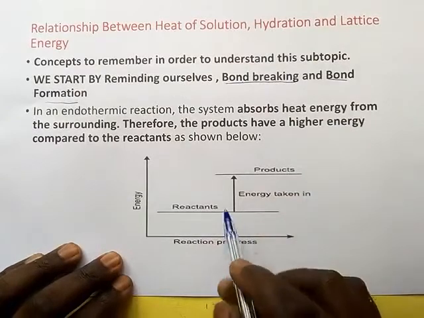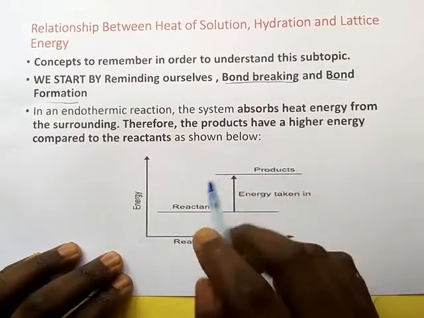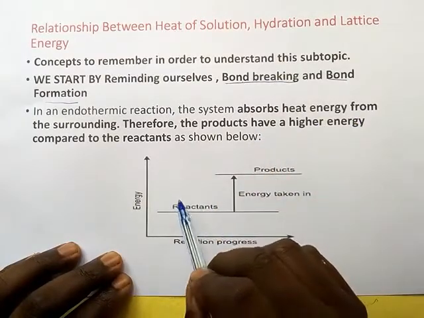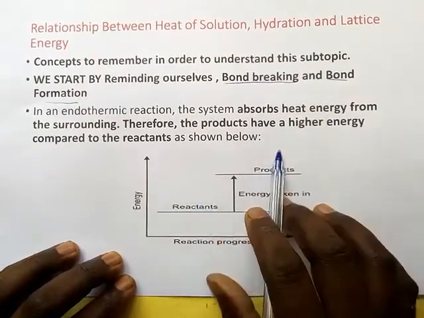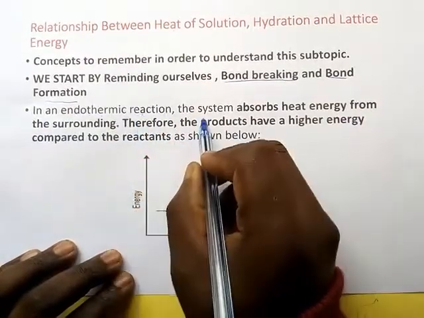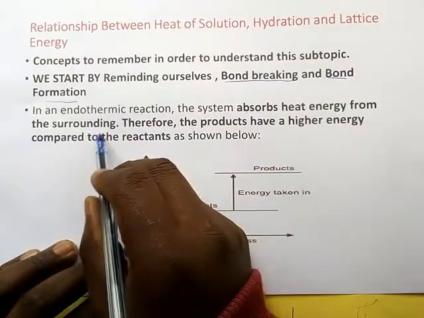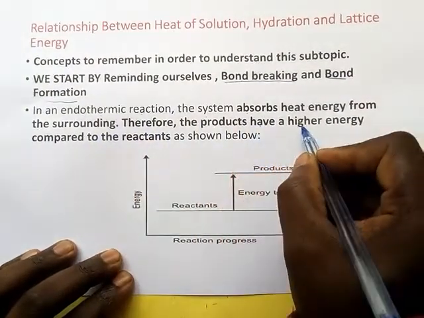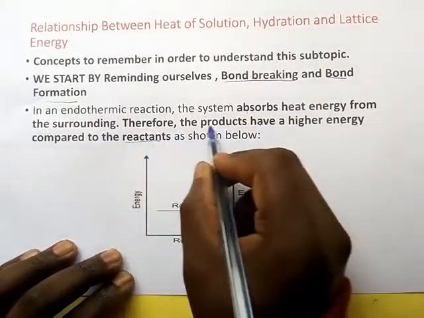The next one is the energy levels. What does the energy level of an exothermic reaction look like? What does the energy level of an endothermic reaction look like? A quick reminder is that in an endothermic reaction, the system absorbs heat energy from the surroundings. Therefore, the products have a higher energy compared to the reactants. Very important.